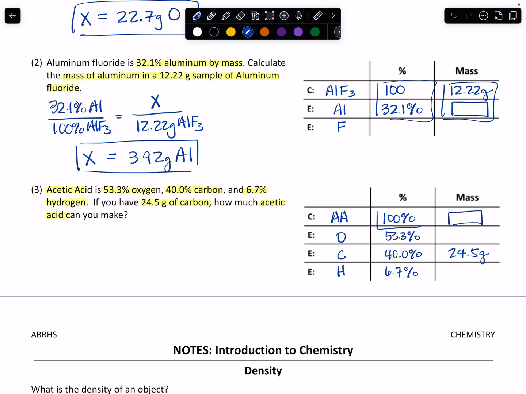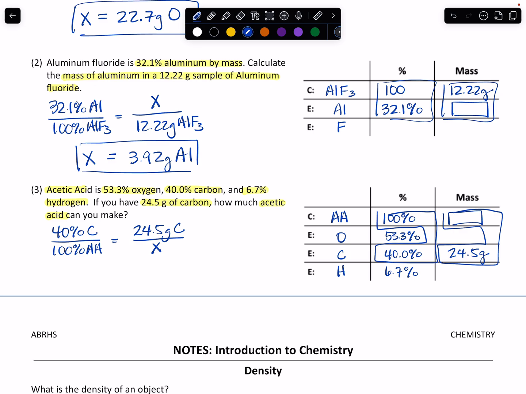So we're going to use these values to set up our ratios. 40% carbon in 100% acetic acid has to be equal to 24.5 grams of carbon in some amount of acetic acid. We're once again going to cross multiply.